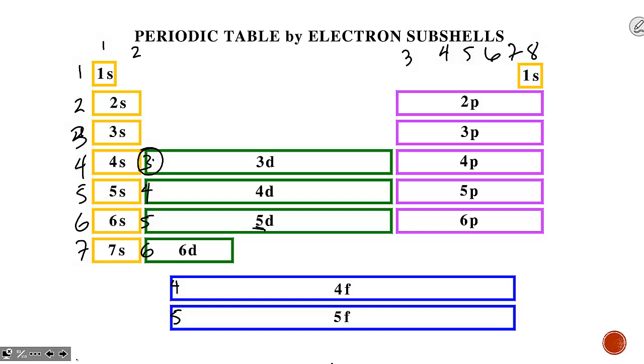So when I get my periodic table for AP exams, this is what I end up with. I have something that looks like this, where I have handwritten in these values to remind myself that the d orbital is 1 energy level less than the row it's in.